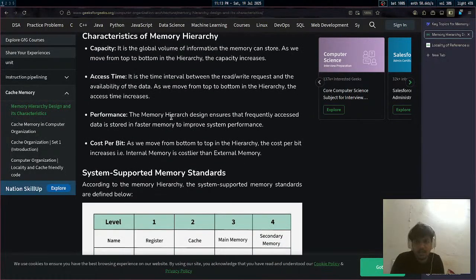Characteristics of memory hierarchy: capacity, access time, performance, cost per bit. Access time and performance, I think both are kind of interrelated.